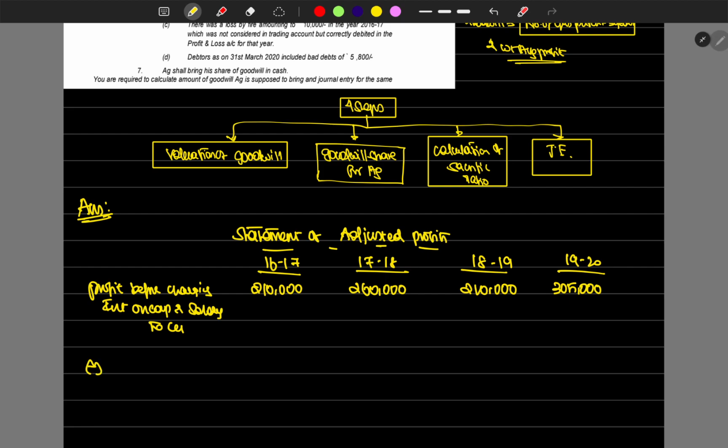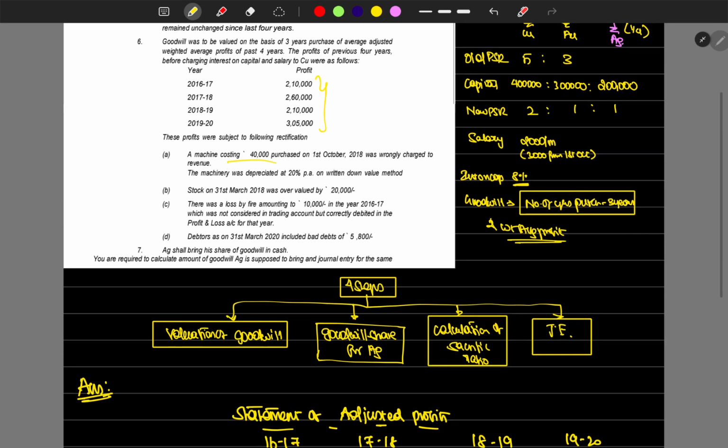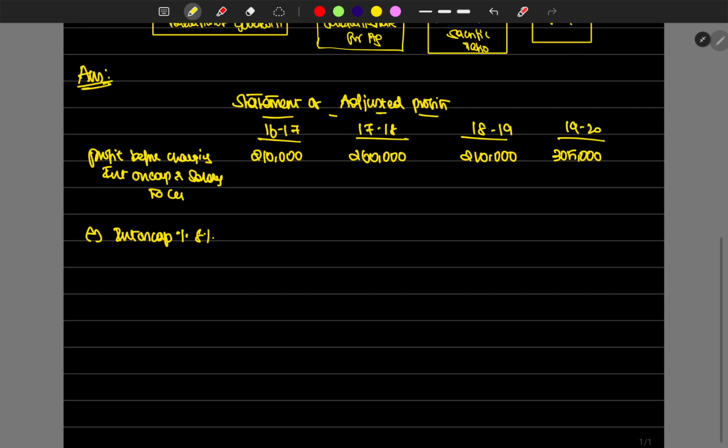Then we have to remove the interest on capital, because the profits are not charged with interest on capital. The interest on capital percentage is 8%.